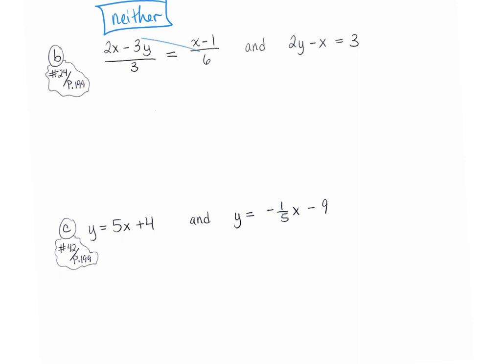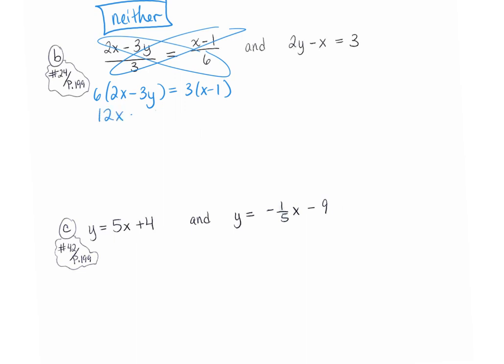So you can cross multiply here, and you get 6 times 2x minus 3y equals 3 times x minus 1. So you get 12x minus 18y equals 3x minus 3. And then you get negative 18y equals, you subtract 12x from both sides to get, what is on this side?